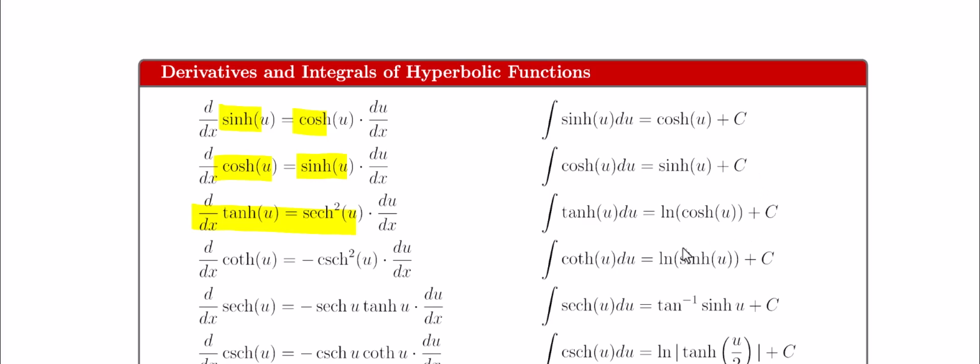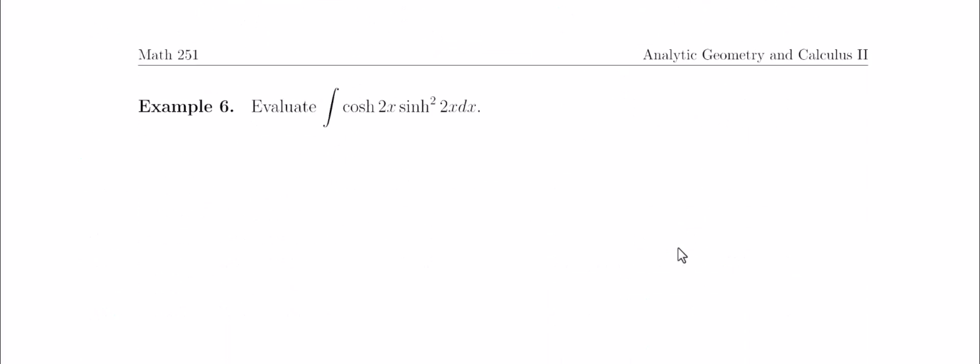Now, speaking of integrals, let's take a look at one problem involving an integral. For this problem, we're asked to evaluate the integral of cosh of 2x times sinh squared of 2x dx. This seems like a typical problem where we will need to use a u substitution. So we need to see if we can identify what would be a nice choice of u.